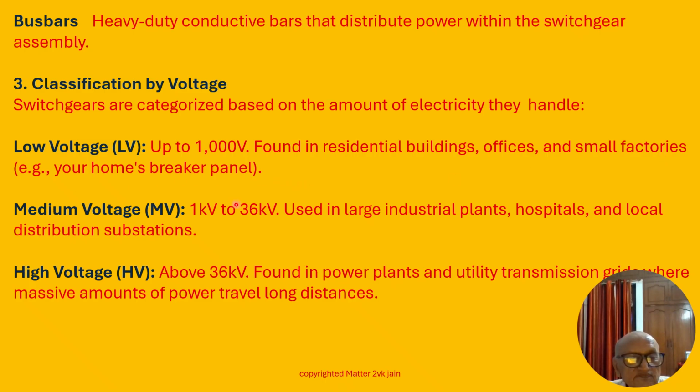Medium voltage 1 kV to 36 kV used in large industrial plants, hospital and local distribution substations of office buildings. Beyond 3 MVA. High voltage above 36 kV found in power plants and utility transmission grid where massive amount of power travel long distances.